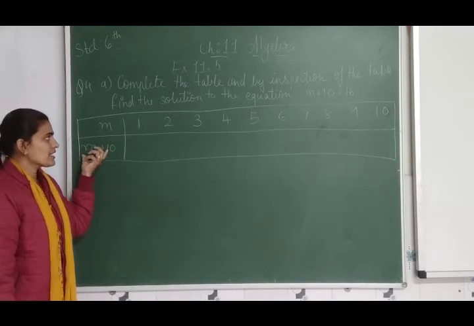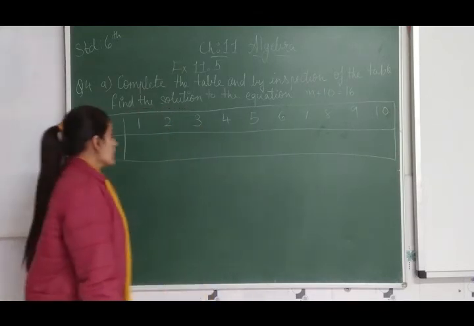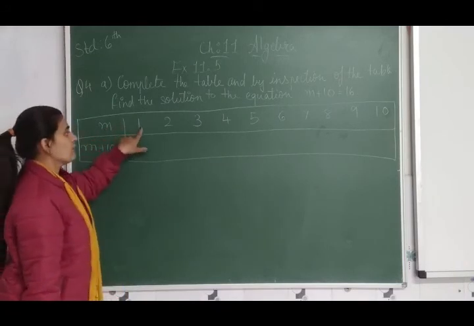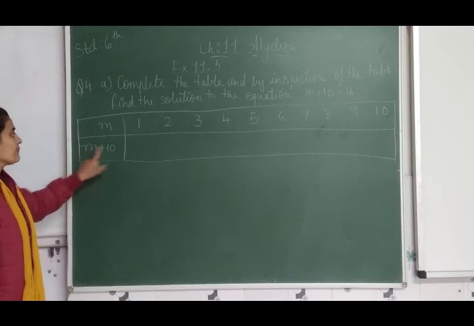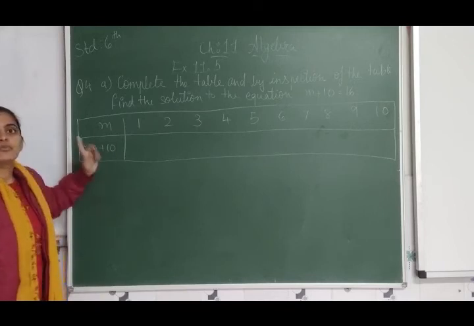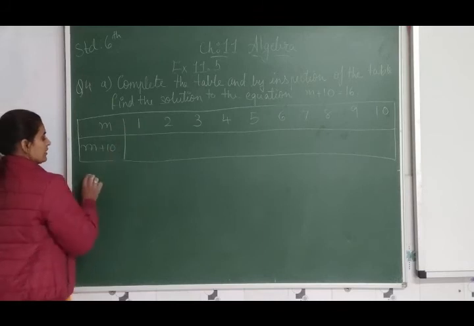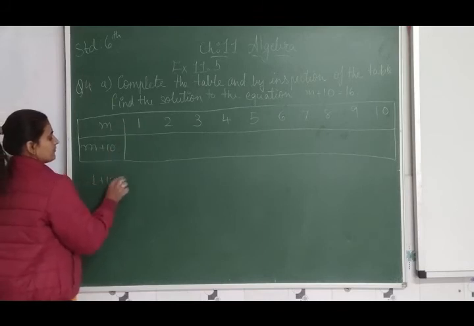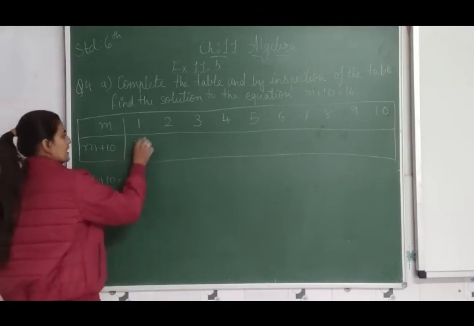An expression is given and these values we have to find out. So here you can see m's value we will take 1. Then what will be the answer of m plus 10? If instead of m we put 1, then 1 plus 10 is 11. So here the answer will be 11.